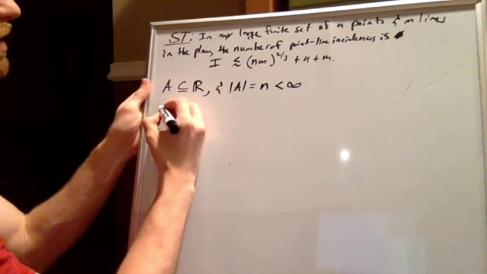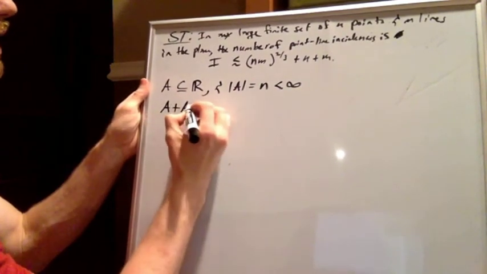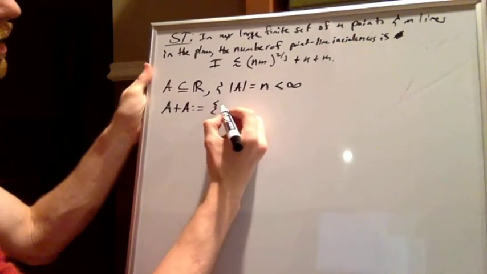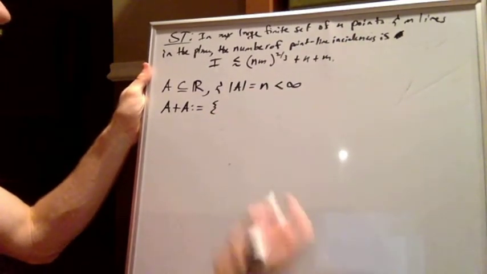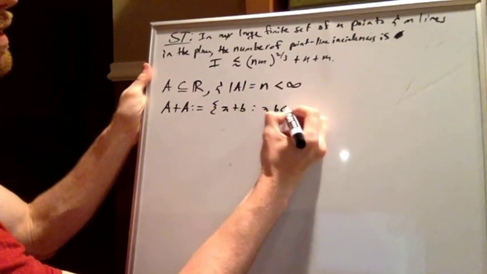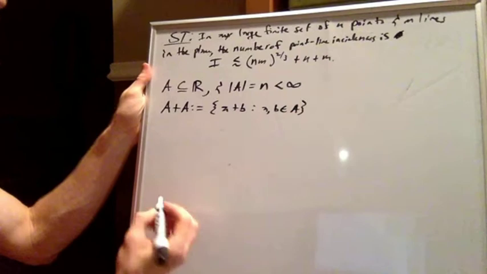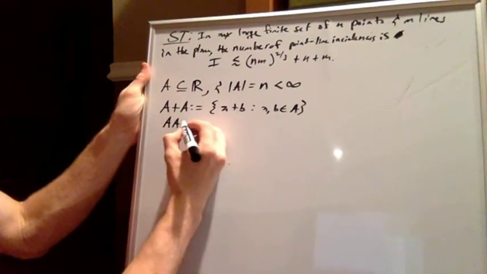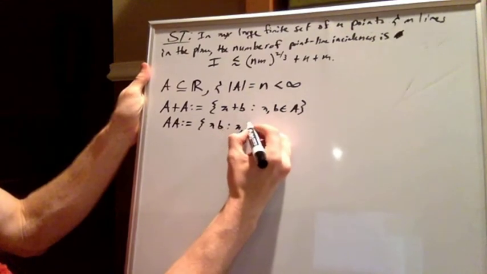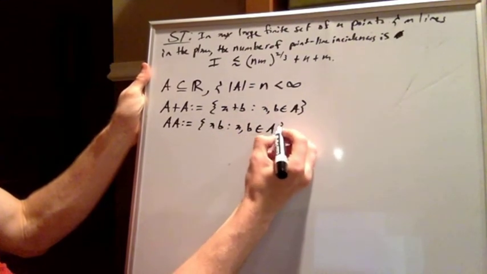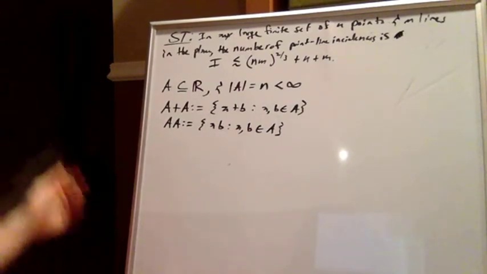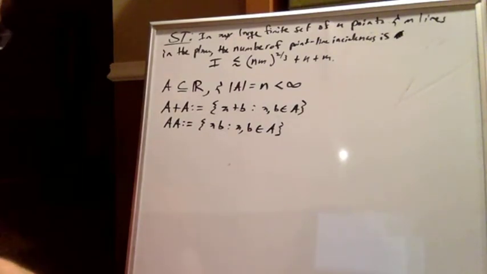I will define the sum set to be A plus A, which is the set of sums a plus b, such that a and b are elements of A. And I can similarly define the product set, AA, to be the set of products ab, such that a and b are elements of A. So the sum set is the set of pairwise sums of elements of A, and the product set is the set of pairwise products.